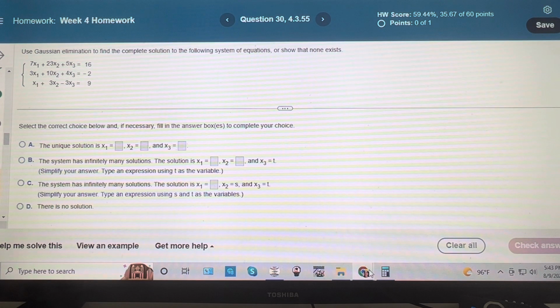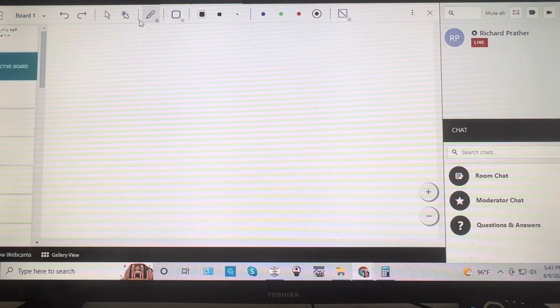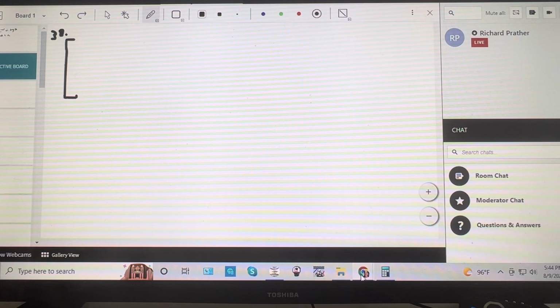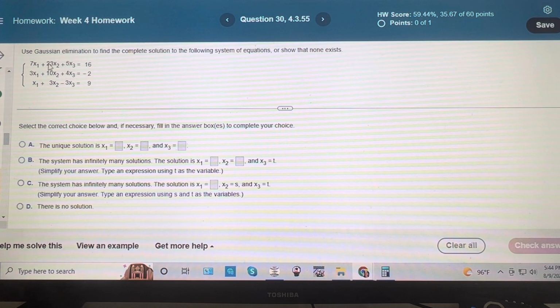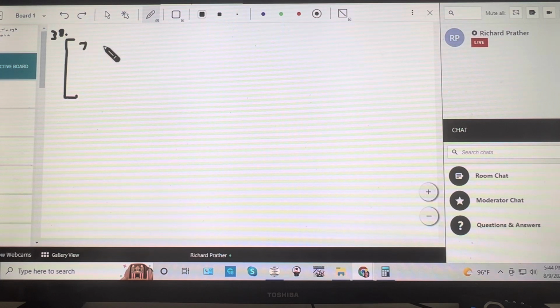Okay, so we're going to turn this system into an augmented matrix. This is number 30. So you got 7, 23, 5.